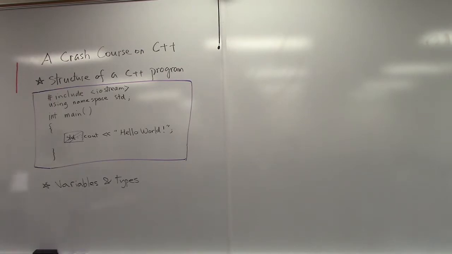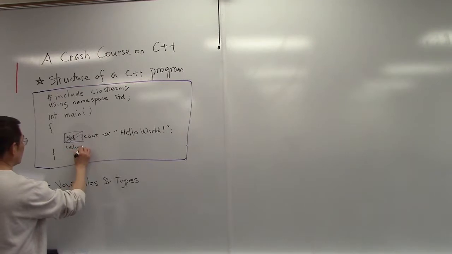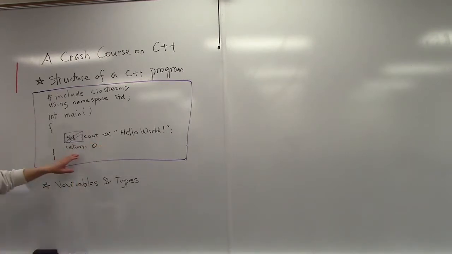Before you go on, do you need a return 0 at the end of your program? Let me see here. I think you don't have to have that, but it's a good programming practice. Okay, if you put return 0, then once the function is completed or executed, the function itself will carry the value of 0.